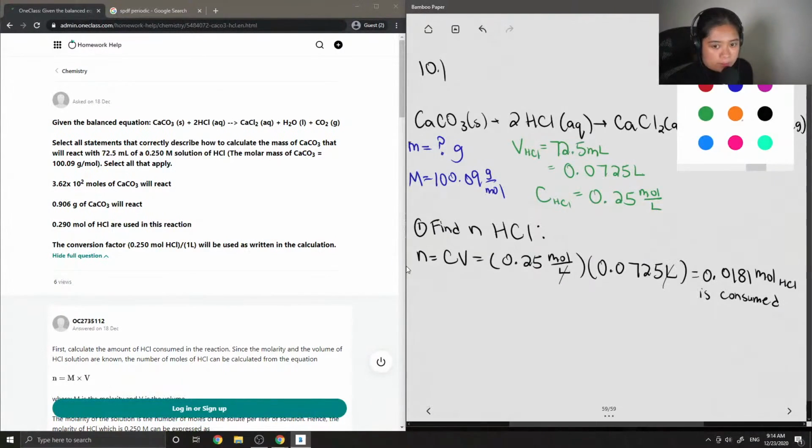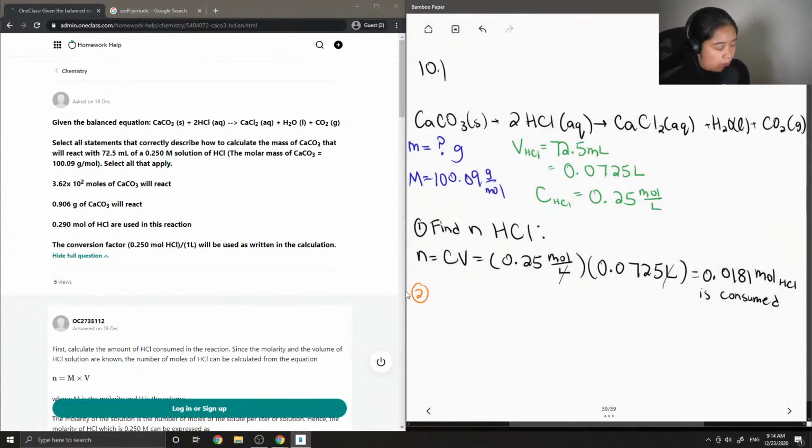Okay, so now step 2 is to now find the number of moles of calcium carbonate. Okay, so to do that, we would use mole ratios. That's why it's important to balance your reactions first. Okay, so that we know that for every 2 moles of HCl that react, 1 mole of calcium carbonate reacts.